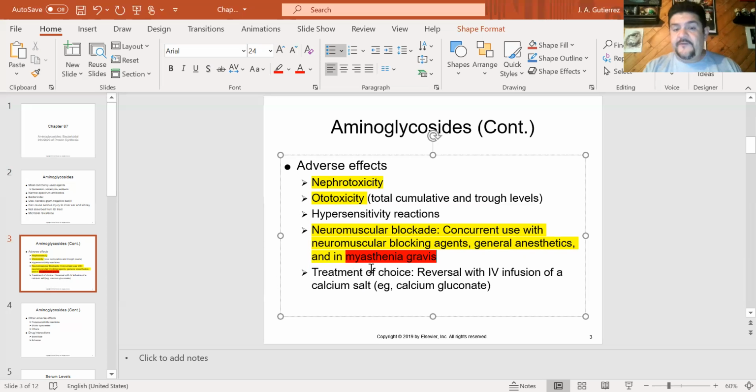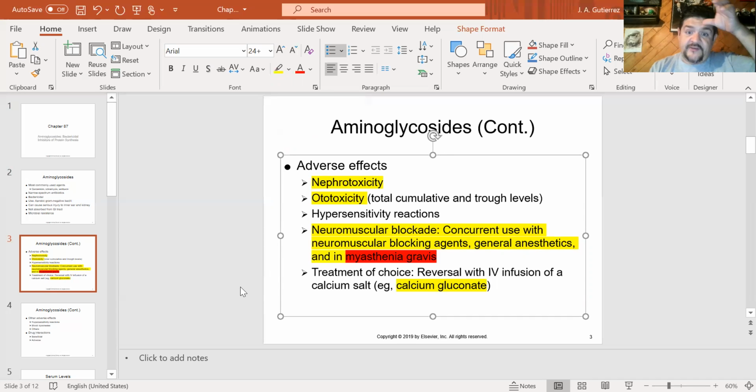If for some reason the patient is given an aminoglycoside and we find out late that they have a condition or they're using a drug that produces a flaccid paralysis of muscle, then this is your antidote: calcium gluconate. Again, we're giving calcium because calcium helps with muscle contraction. And that's what we want.